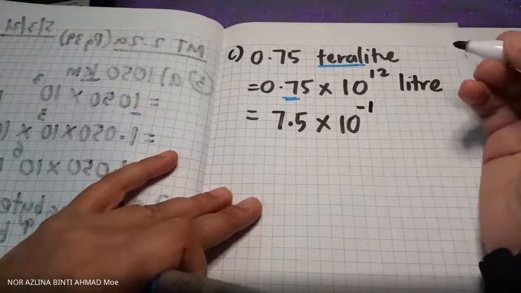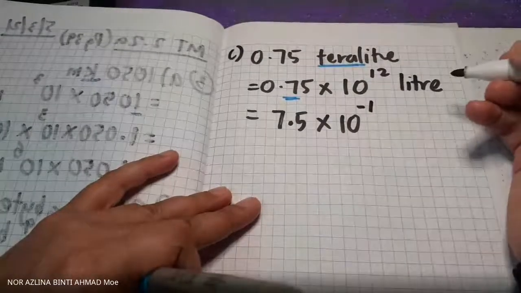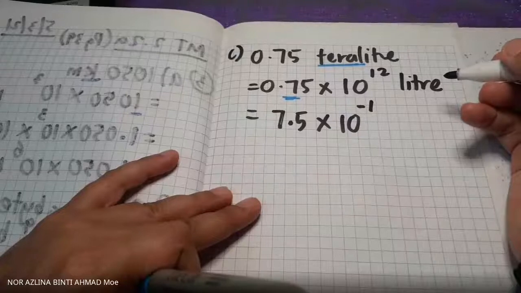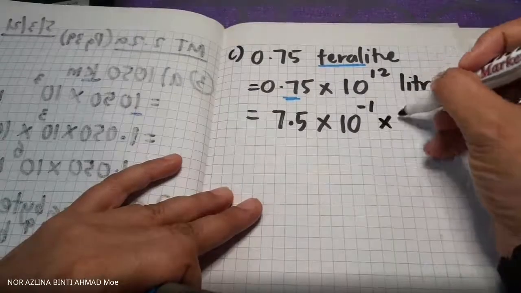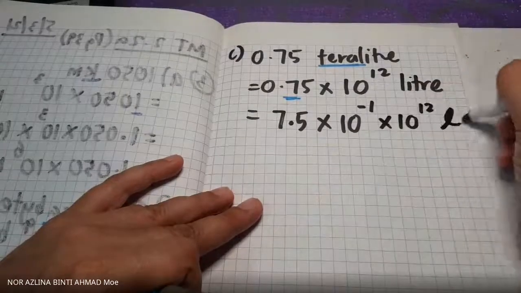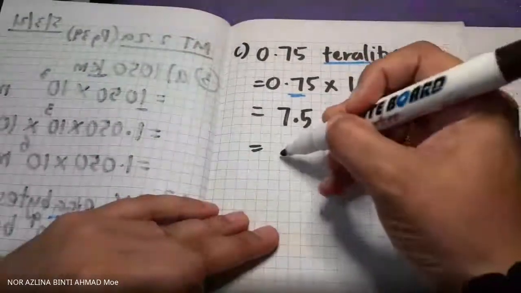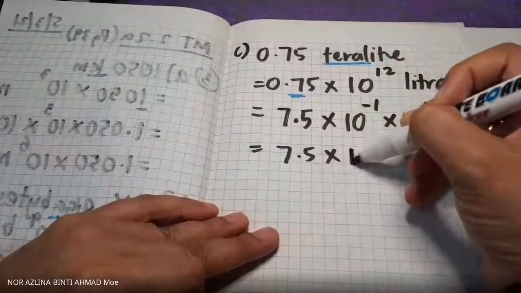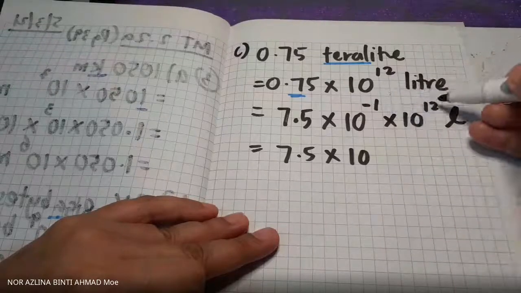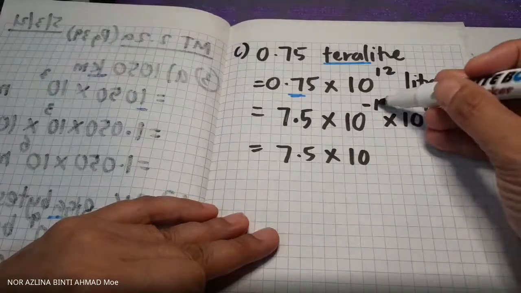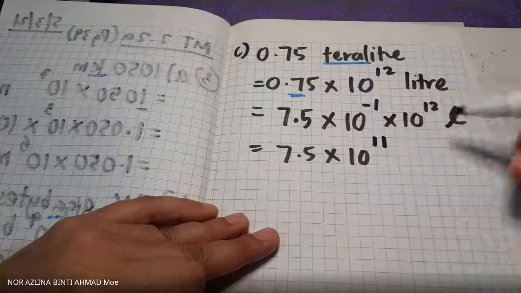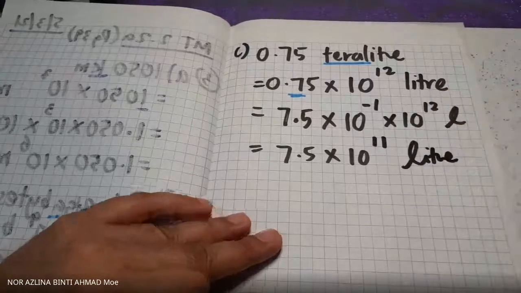So 7.5 times 10 to the power of negative 1, and times 10 to the power of 12. L means liter. So 7.5 times 10 to the power of negative 1 plus 12, because multiplication, negative 1 plus 12, the answer is 11.